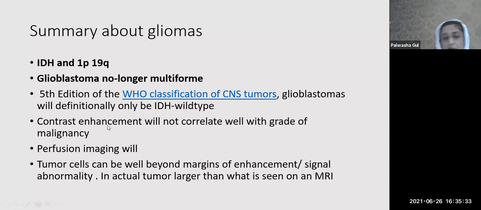And contrast enhancement will not correlate well with the grade, okay? Just remember that, okay? Sometimes, let's say, you have got a glioma which is not enhancing, but if you do a biopsy of that glioma, it might turn out to be IDH wild type, okay? So contrast enhancement would not correlate with grade of malignancy, but perfusion imaging will, okay?